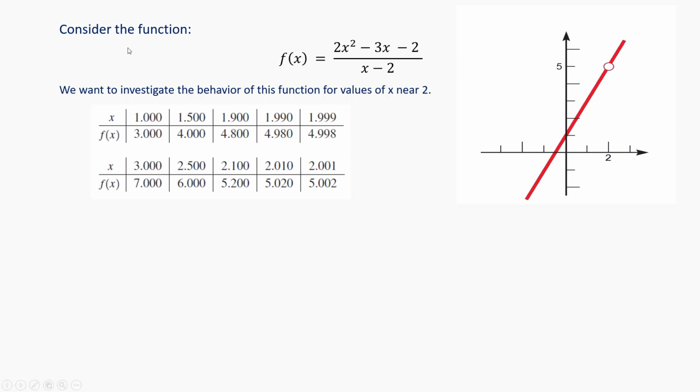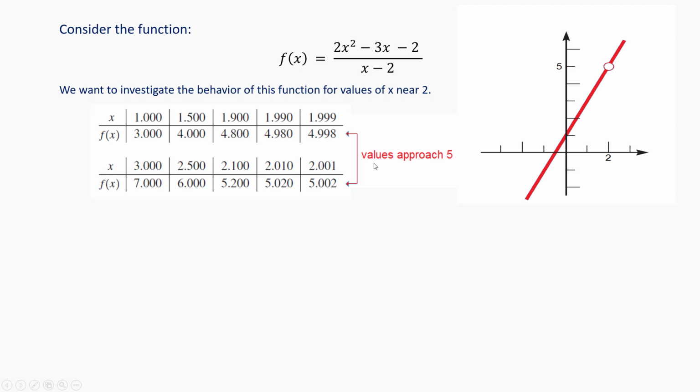If you notice the values of these tables, in both of the tables, when x gets closer and closer to 2, the y value gets closer and closer to 5. So from the left side or from the right side, as we get closer and closer to 2, the y value of the function approaches 5.